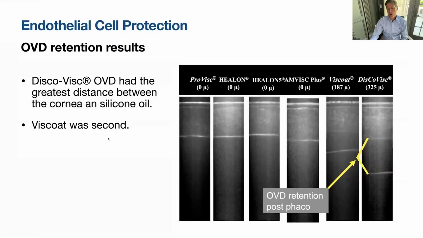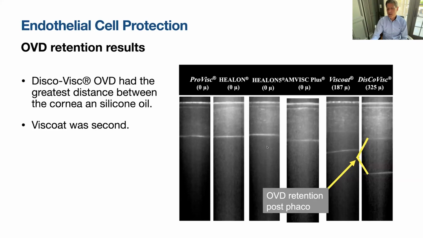And these are the results. Basically, here we see the cornea, we see the endothelium, and we see the silicone oil and the distance between the silicone oil and the endothelium. And we see that the Viscoat, which is a dispersive viscoelastic, had 187 microns from the silicone oil to the endothelium, and the Discovisc, which is a combination of cohesive and dispersive, basically a combination of Viscoat and Provisc, had 325 microns.